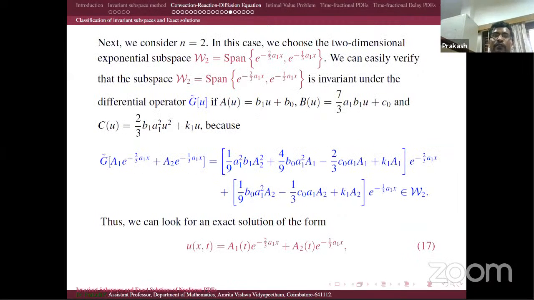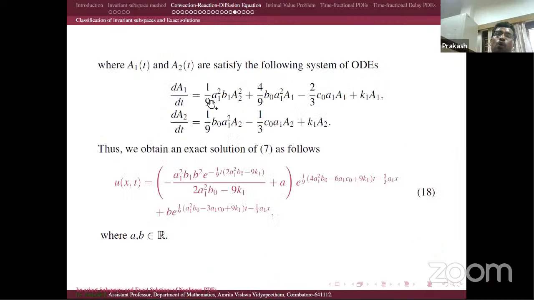Similarly, we can consider the two-dimensional exponential subspace. It is invariant, as we already calculated, under the quadratic differential operator, because it satisfies the invariant condition: G bar of u is again in W2. Then we look for the exact solution u of x comma t in this form, where a1 of t and a2 of t satisfy a system of nonlinear ODEs.